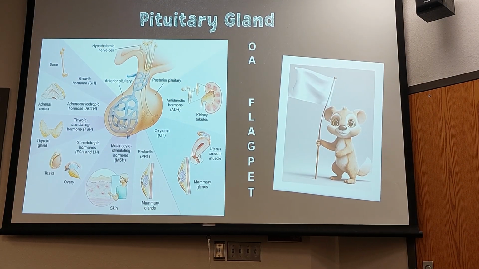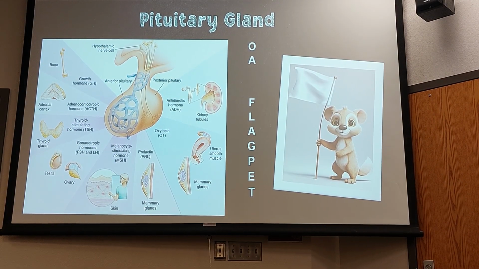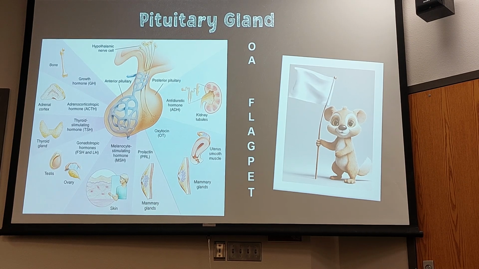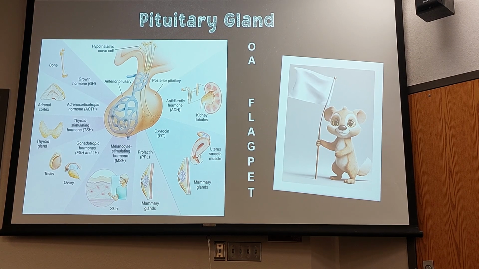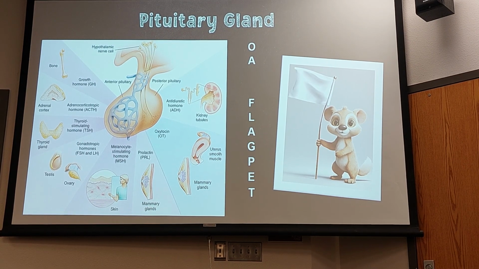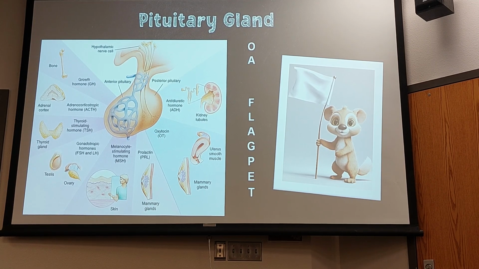Okay, so just some orientation to the pituitary gland. I mentioned earlier, the anterior portion in the front and the posterior in the back. That purple area is the hormones that are secreted from the anterior pituitary, particularly growth hormone, which we're going to get into in just a minute. And we've got the adrenal, so it stimulates the adrenal cortex.